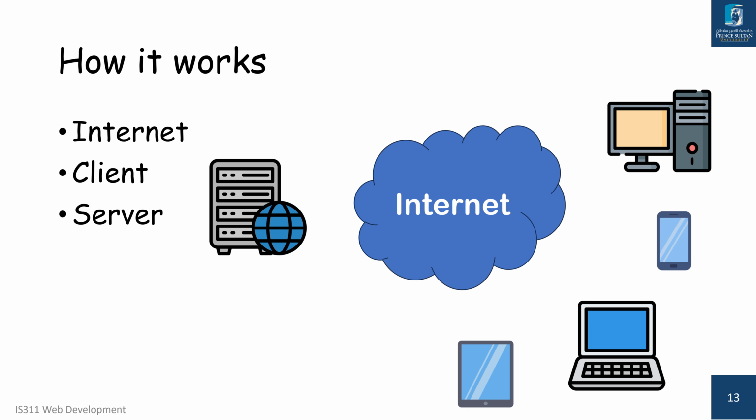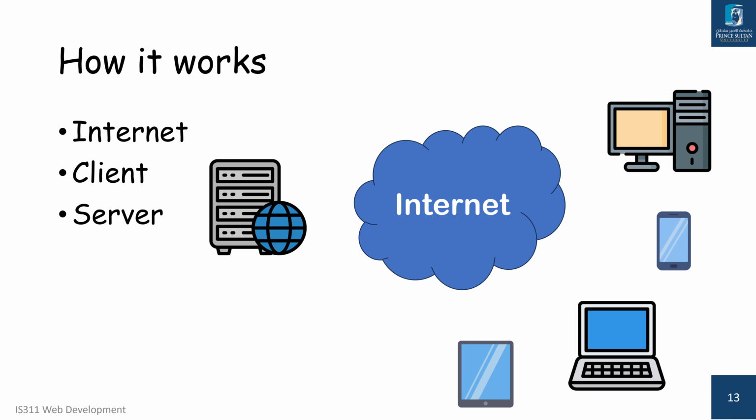You also said communication, so again, it needs to communicate over the internet. It needs to be accessible on the internet. It is a computer in which multiple programs are running, and they are accessible over the internet. That is our web server.